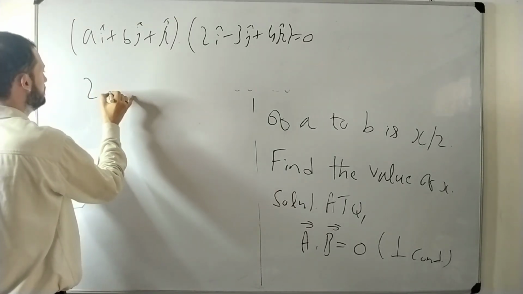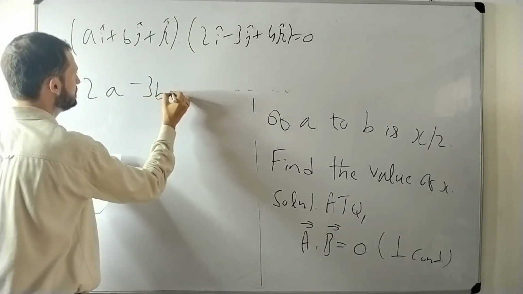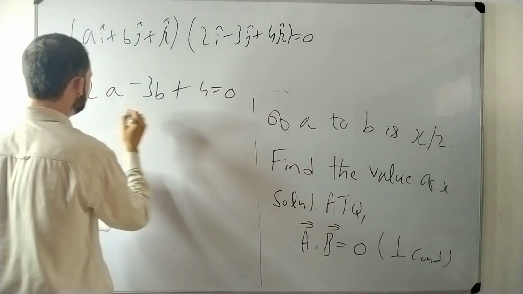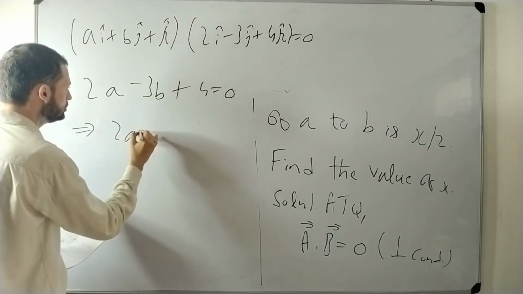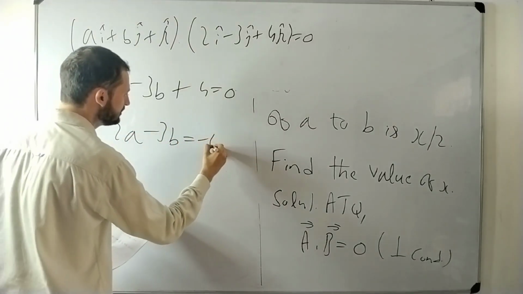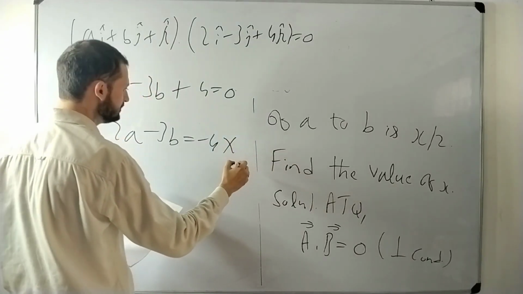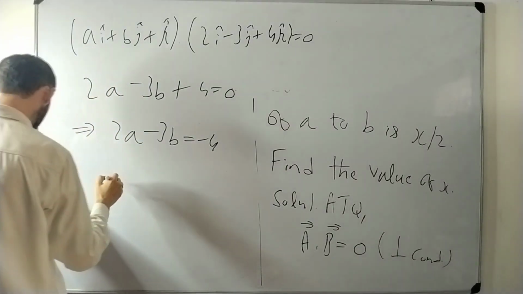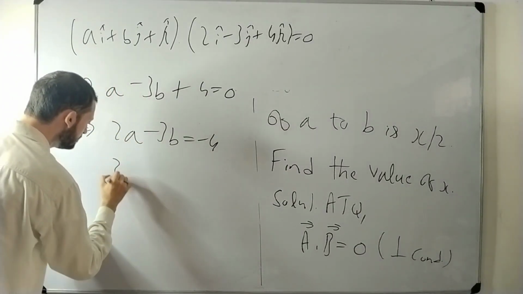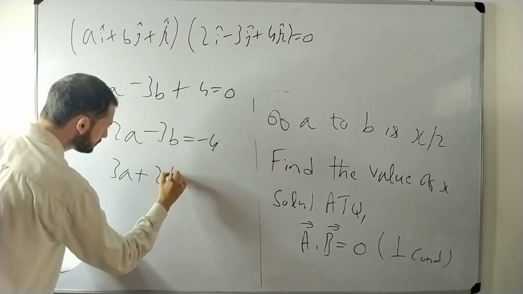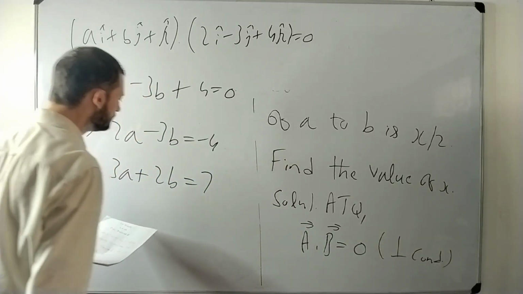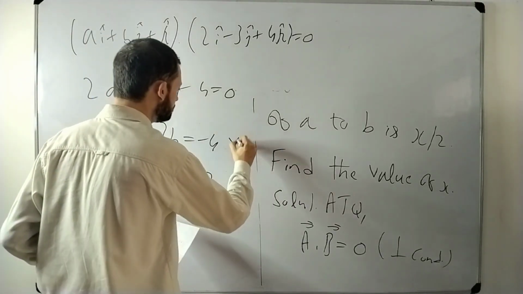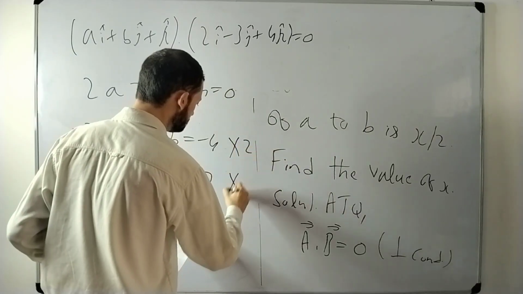Then our answer is 2a minus 3b plus 4 equal to 0, which is equivalent to 2a minus 3b equals minus 4. The second equation of ours is 3a plus 2b is equal to 7. So this is a linear equation in two variables. Now multiplying this with 2, multiplying this with 3.